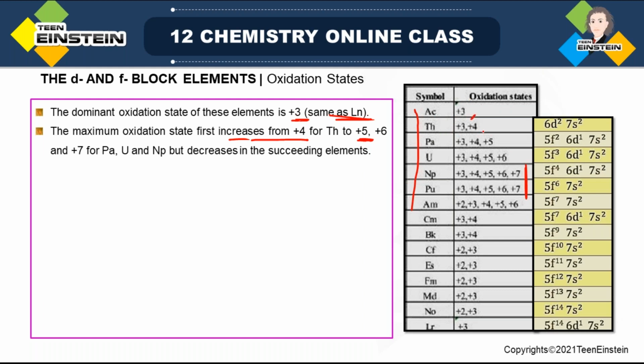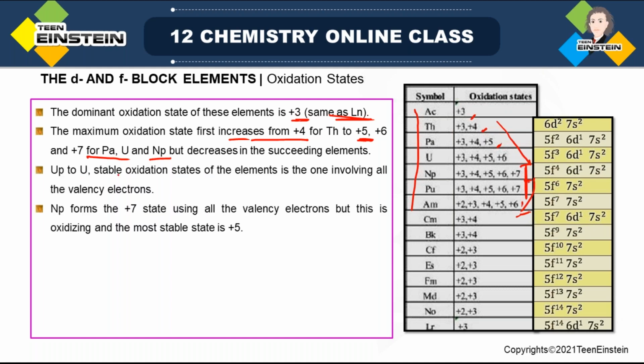See, the second one is now showing +3, +4, then +3, +4, +5, up to +7 for Pa, U, and Np. That means up to this, it is increasing in this way, but again it decreases in the succeeding elements.